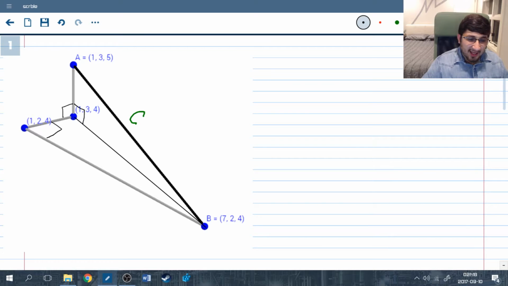Sure, this is a diagonal line, but because it's on the same plane as this line segment over here, and that makes a right angle with this line segment over here, we can geometrically say that this new line segment is also the same exact case.